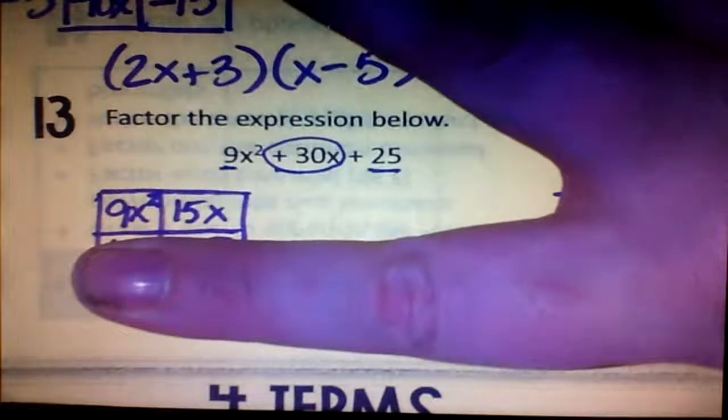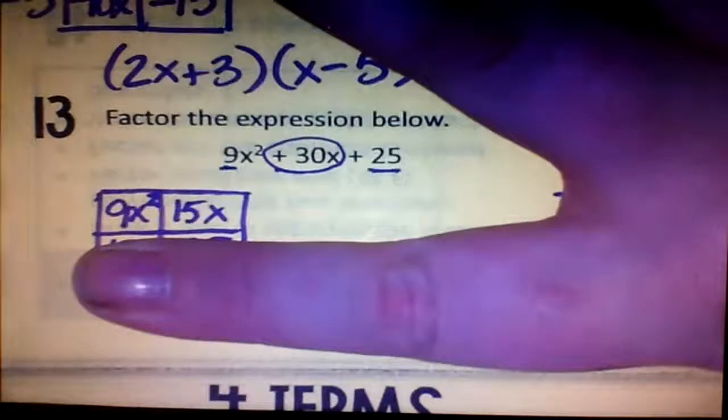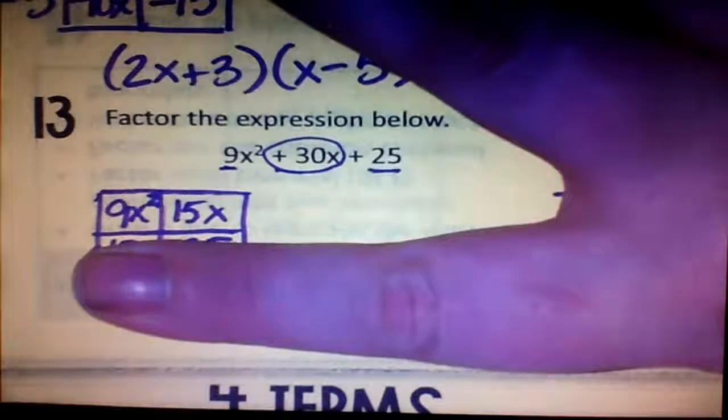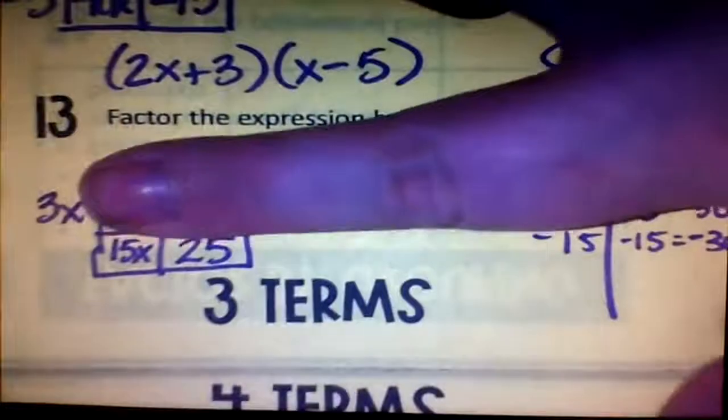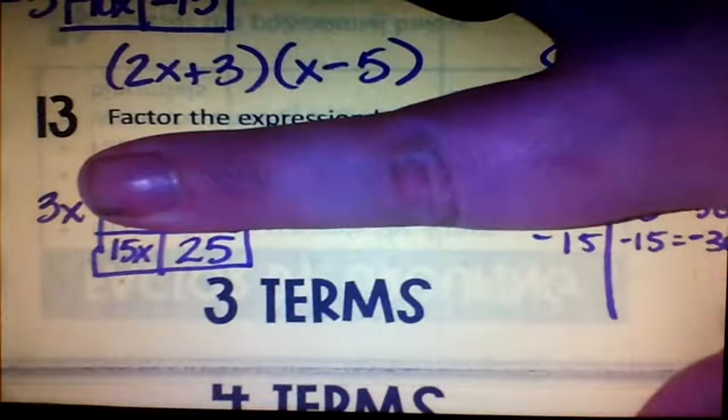Okay. What's the greatest common factor of 9x squared and 15x? 3 and x. What's the greatest common factor of 15x and 25? 5.